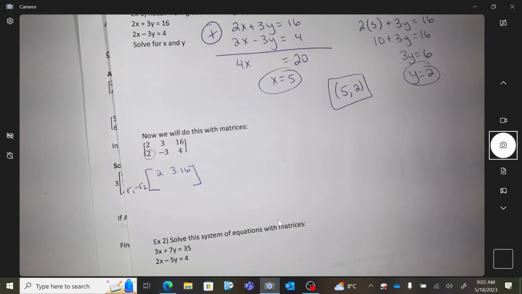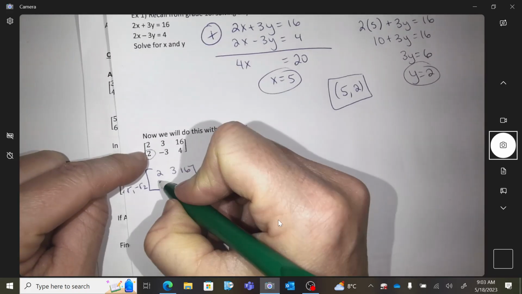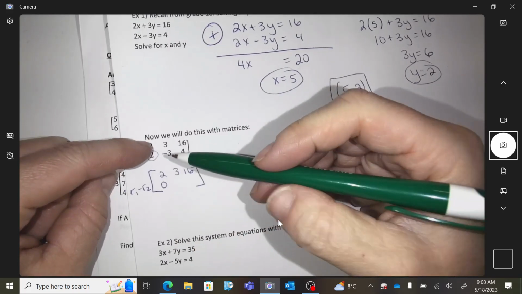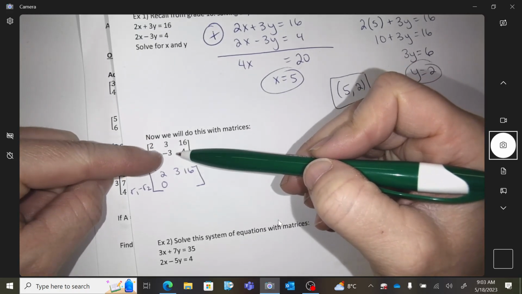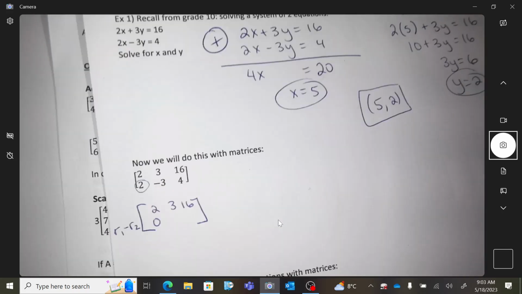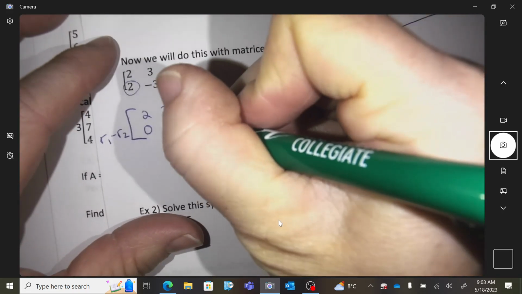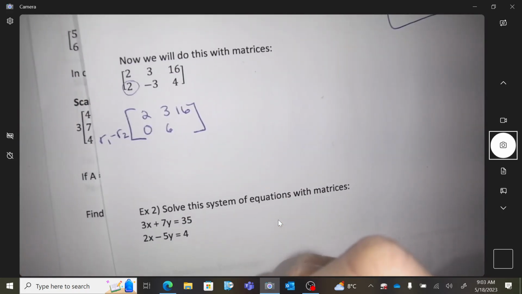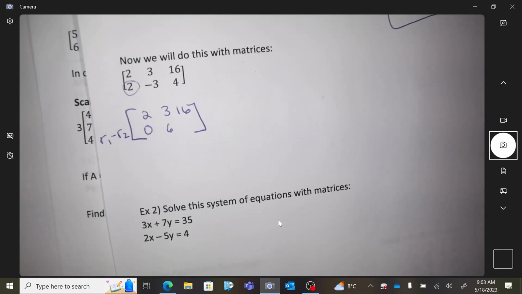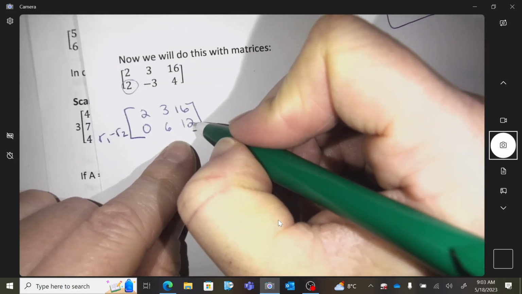So row 1 minus row 2 makes a 0. Row 1 minus row 2, so be careful there, you're minusing a negative 3. So then that makes a 6. And then 16 minus 4 is 12.